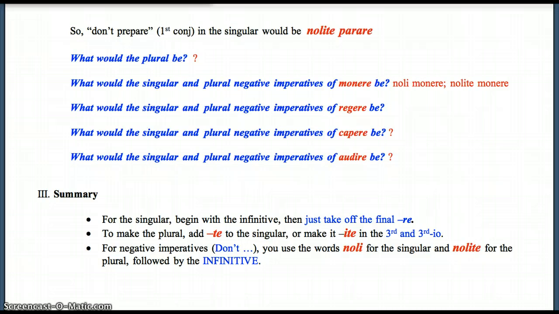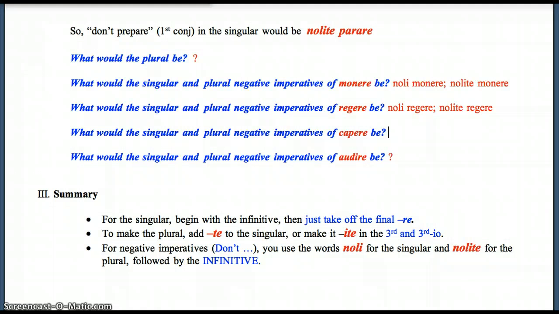Singular and plural negative imperatives of regere. Here's the singular. Pause it if you need more time. Noli regere. How about the plural? Can you guess? Nolite regere. Hey, notice how these infinitives are not changing at all because they're infinitives, and infinitives don't change.